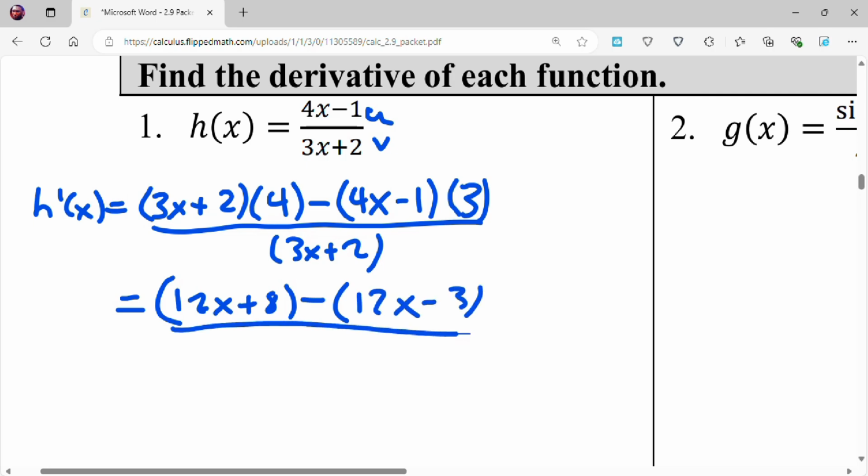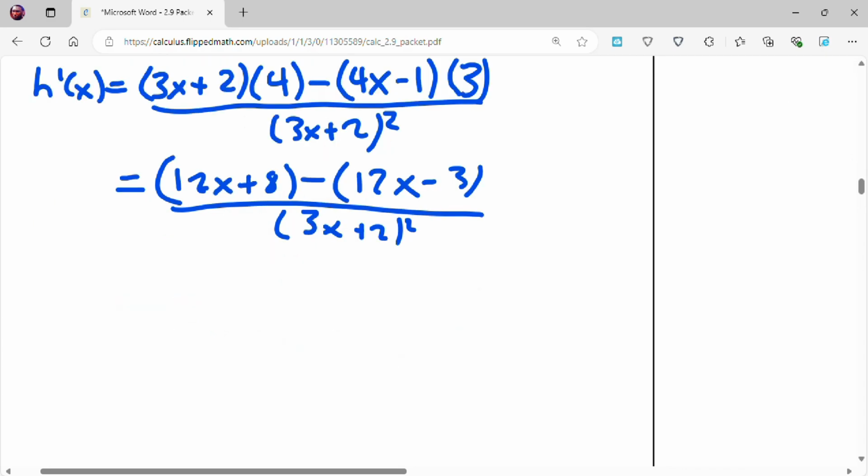And then this is over, should have been squared, so over 3x plus 2 squared. Okay, and then we're going to scroll down. 12x minus 12x is 0. 8 minus negative 3 is 11. So our answer is going to be 11 over 3x plus 2 quantity squared.